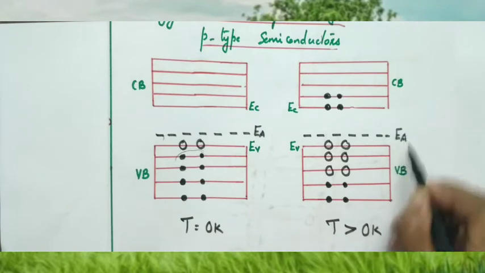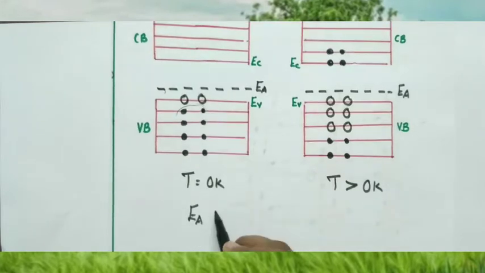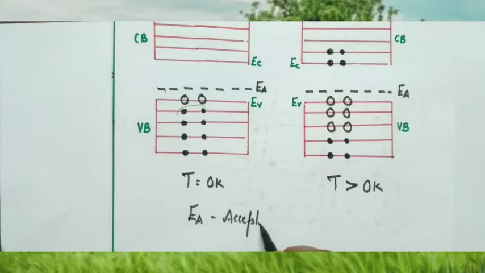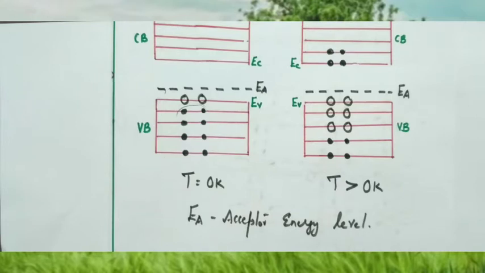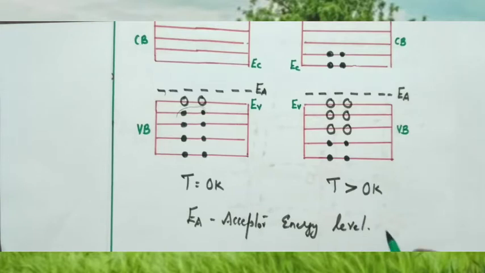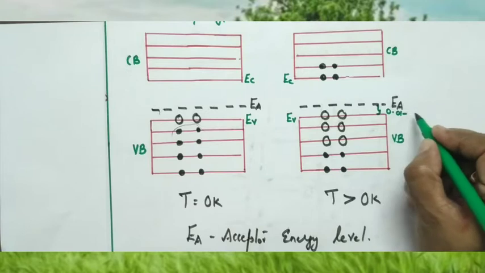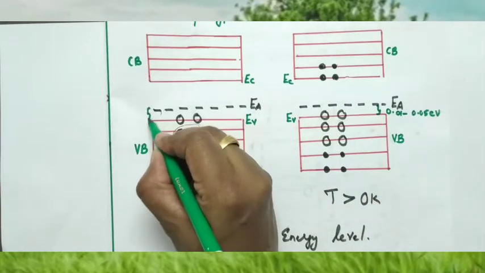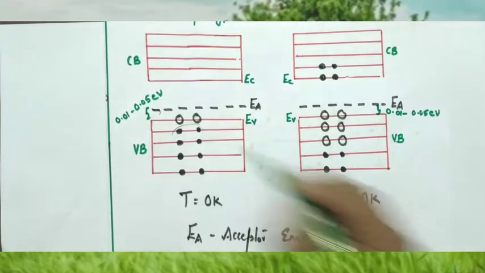And the value of the acceptor energy level is between 0.01 to 0.05 electron volt.